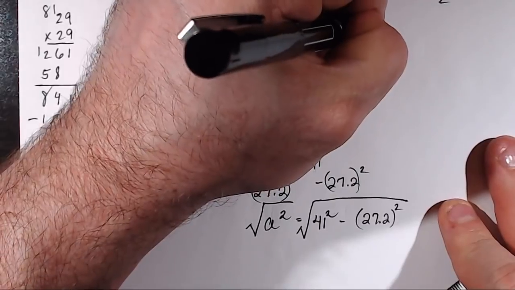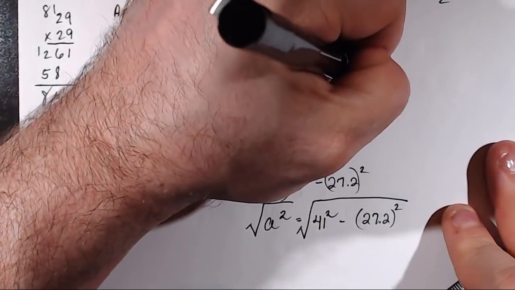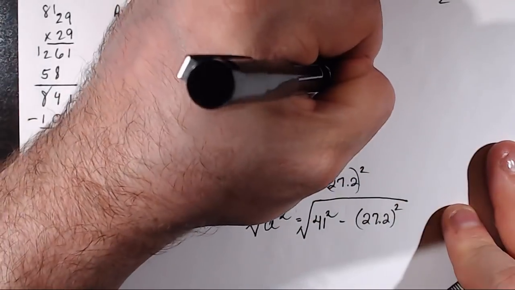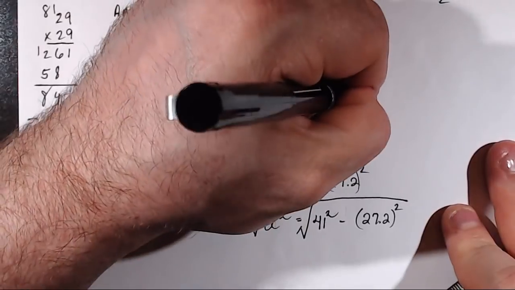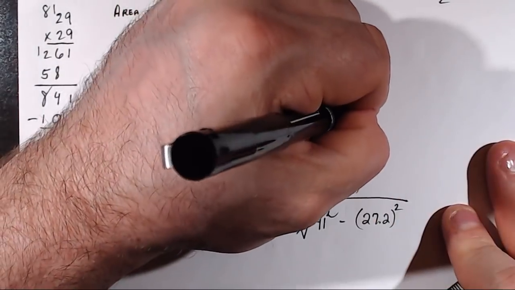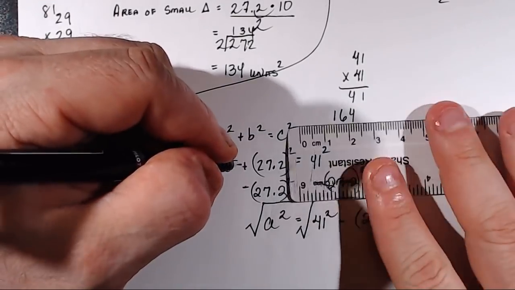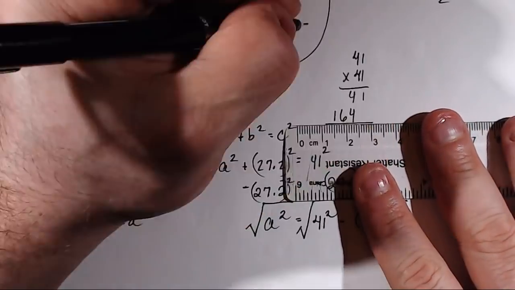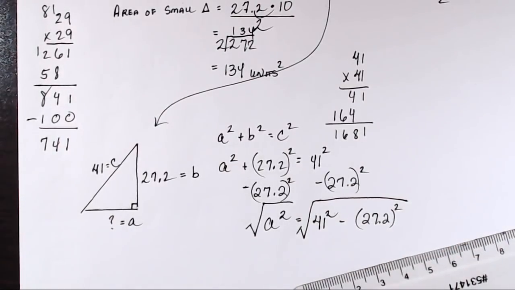So I got to do some side work, maybe over here. 41 times 41. So 1 times 1 is 1, 4 times 1 is 4, 1 times 4 is 4, 4 times 4 is 16. So 41 times 41 is 1681.